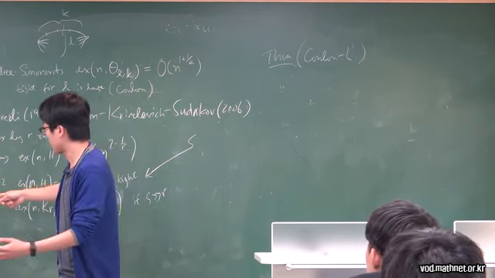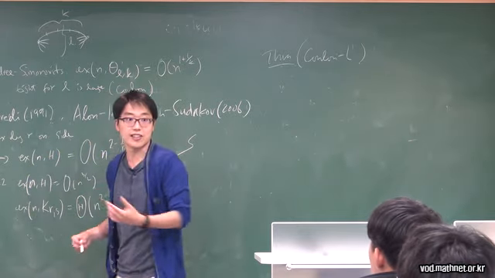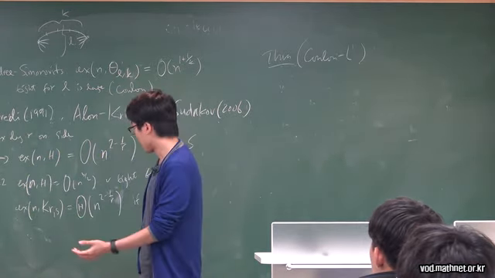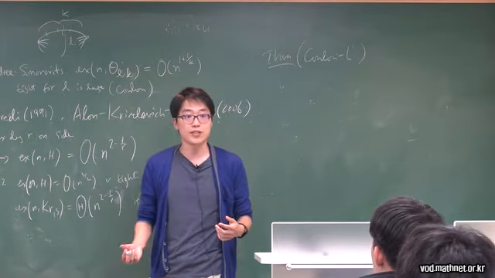So his question was how this bound relates with this bound. And the answer is actually this is better than this if k is larger than 2, and hence it's not a contradiction.